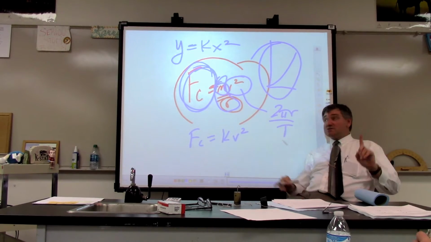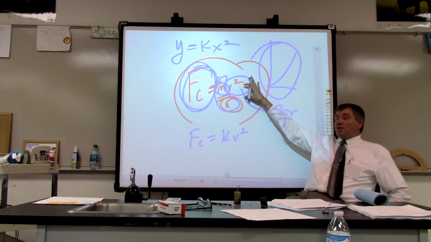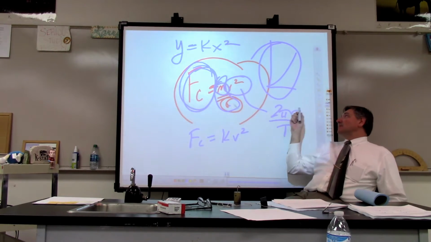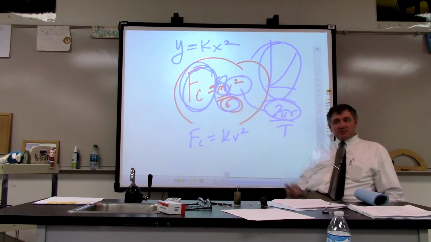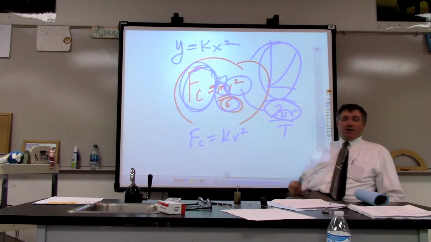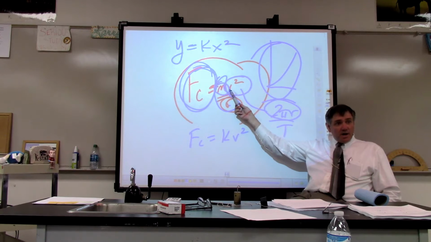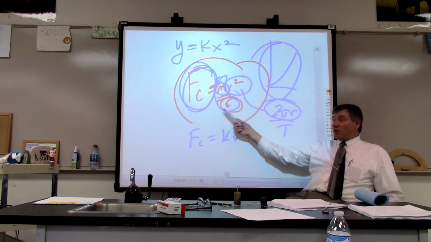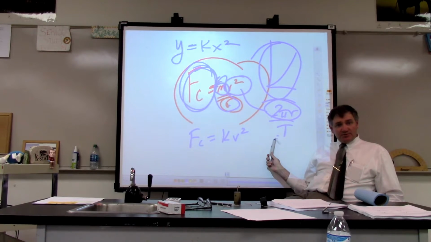Now, let's look at what's going to happen in trials 1 through 4. On trials 1 through 4, you're going to keep the radius the same. So are you going to change the circumference? No. So what's the only way that you can produce a bigger velocity in trials 1 through 4? What has to happen to the value of t? It has to go down.